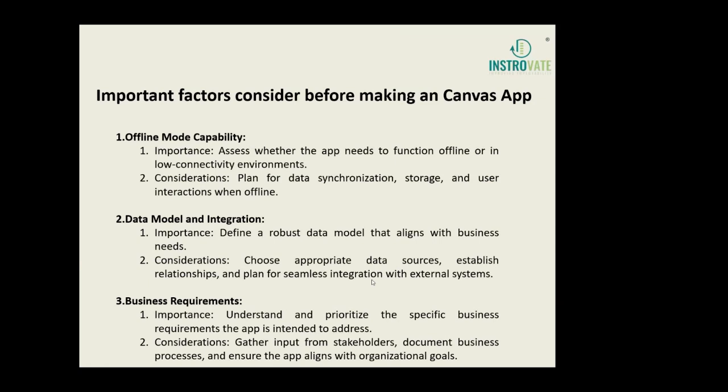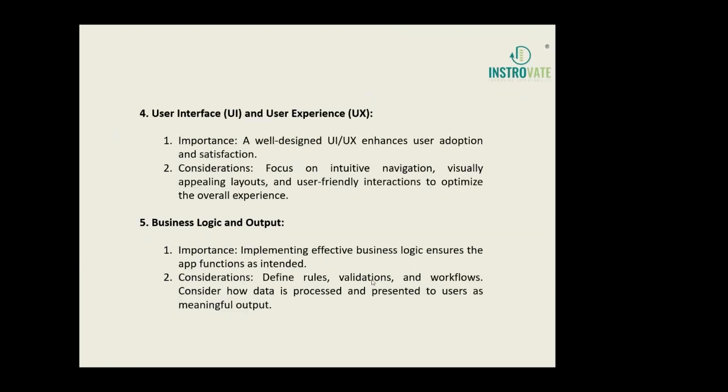Now data model and integration. You should always define a robust data model that aligns with business needs. So you should choose an appropriate data source, establish the relationships, and plan for seamless integration with external systems. Now business requirement, this is the most important. You should always first know what business requirements you have.